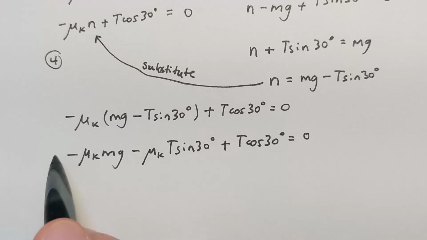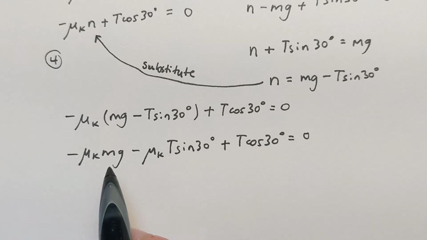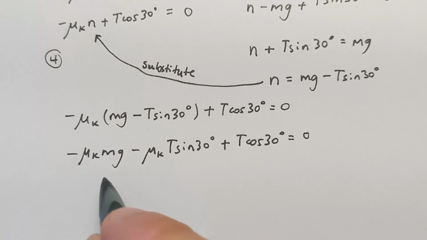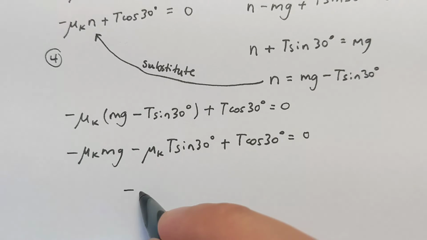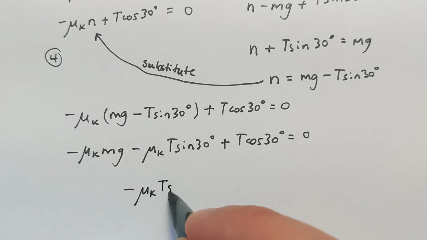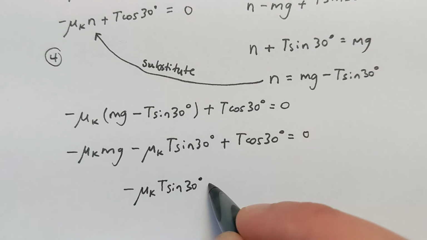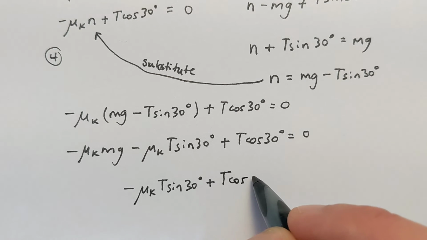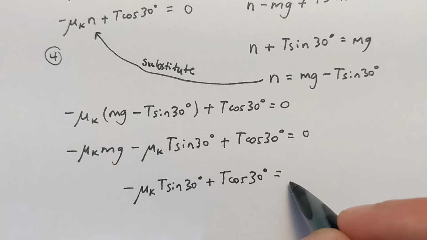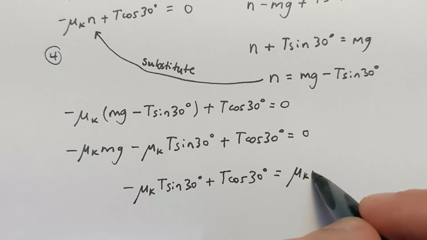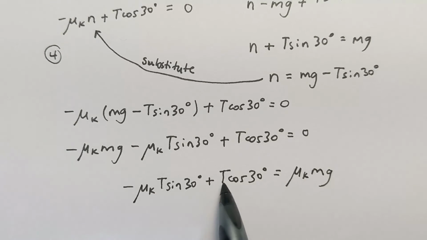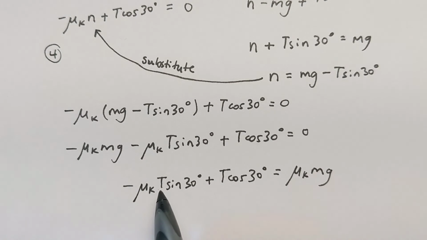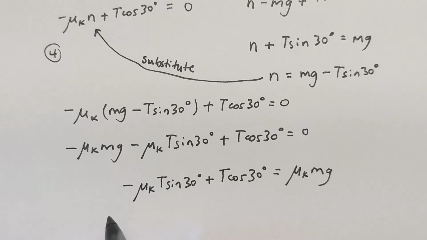So I'm going to move the term that does not have tension in it over to the other side of the equation by adding mu k mg to both sides of the equation. Next, I'm trying to solve for tension, and both of these terms have tension in it. So I'm going to factor out tension.